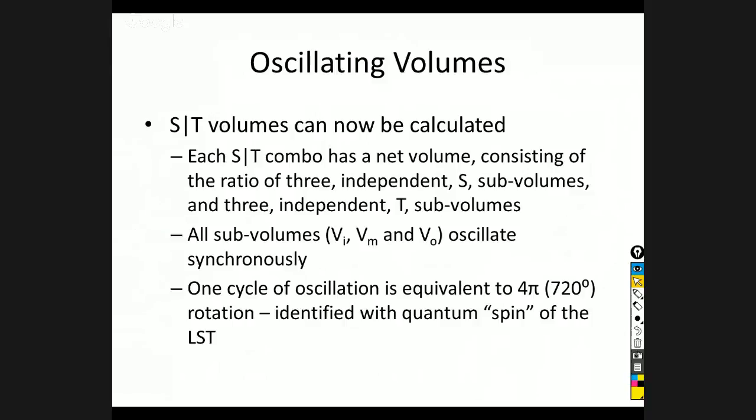When we have a combo, it has a net volume. In this case, 1 S and 1 T, so that's a net volume of 0. We, of course, use 1 over 1 because that's 1 unit of space for one unit of time, which is the speed of light. But when you subtract the 2, then it's 0.